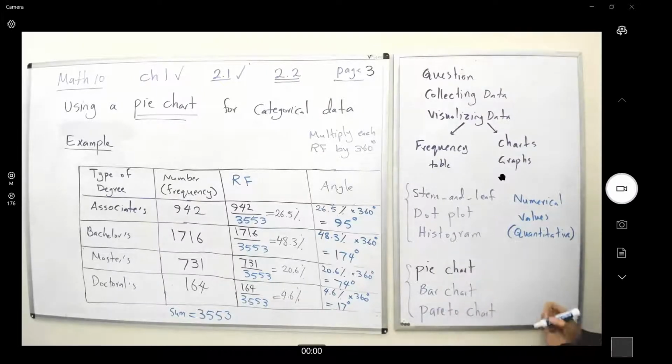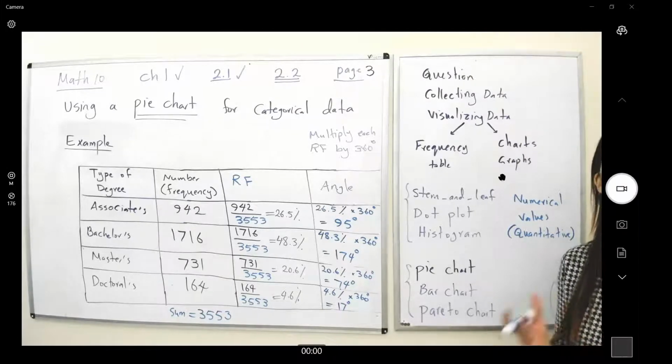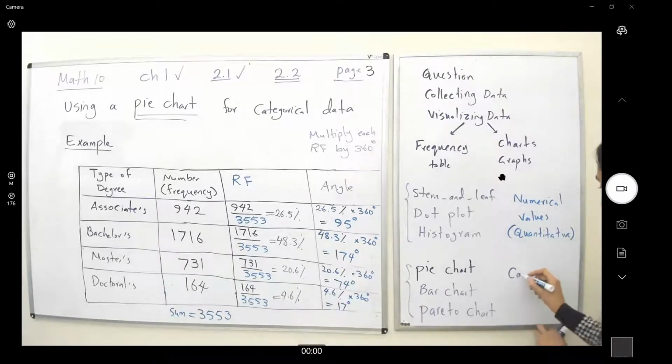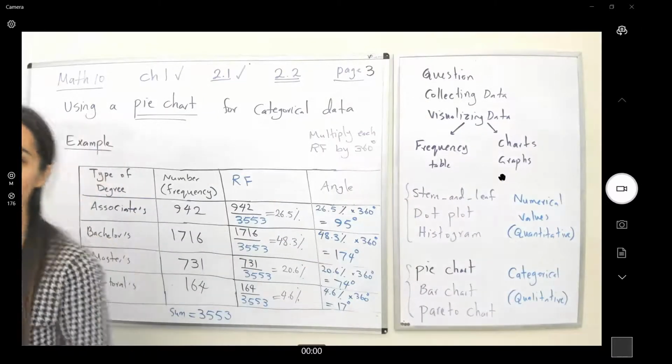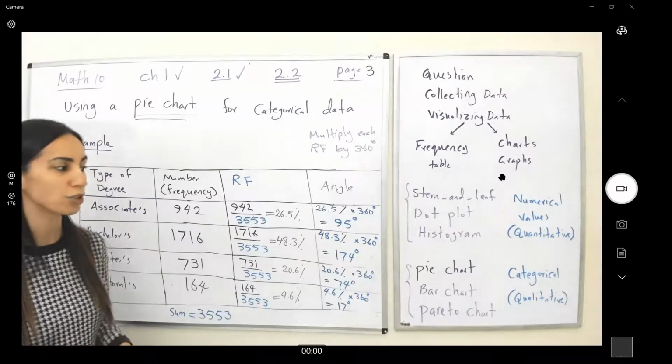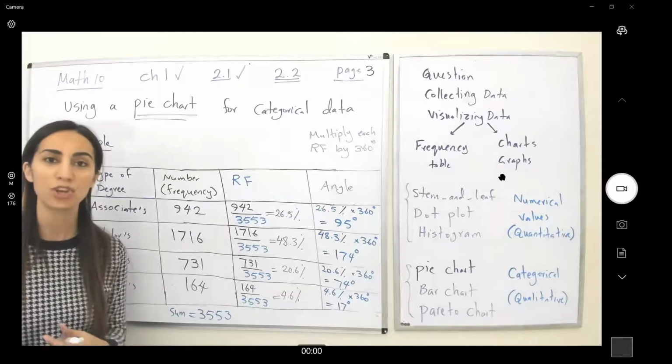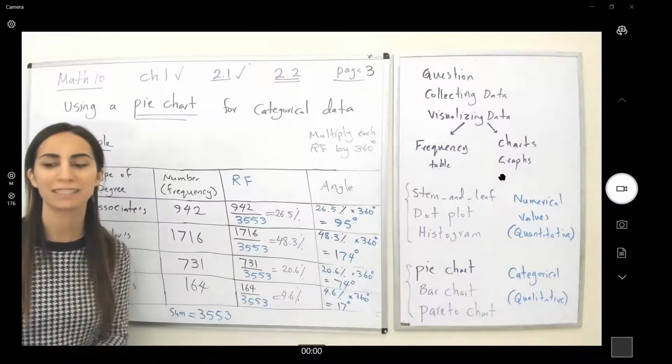These charts are for categorical or qualitative. Okay, so we're going to construct a bar chart, we're going to construct Pareto chart, and we're going to take a look at some examples.